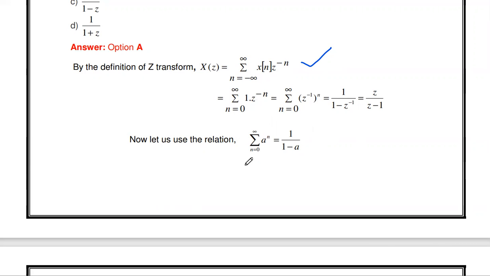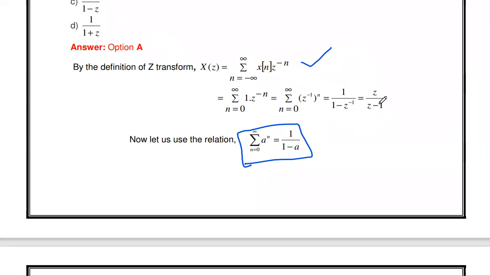We have the standard geometric series: summation n equal to 0 to infinity a power n equals 1 by 1 minus a. According to this relation, the answer for the summation is 1 by 1 minus z inverse. So the Z transform of the unit step sequence u of n is 1 by 1 minus z inverse. If you want to convert this z inverse into positive z, z inverse can be written as 1 by z.